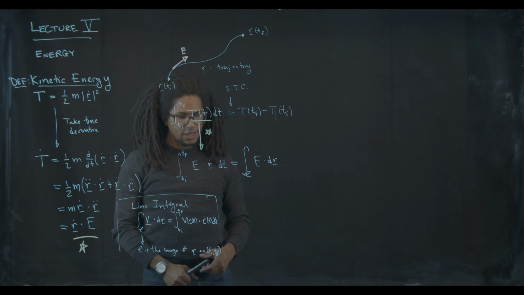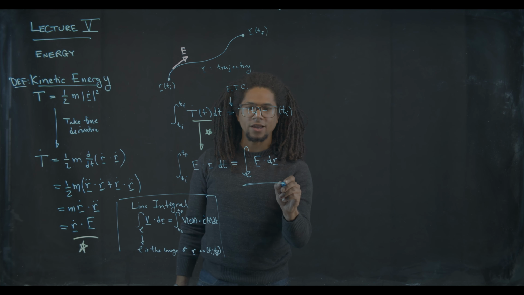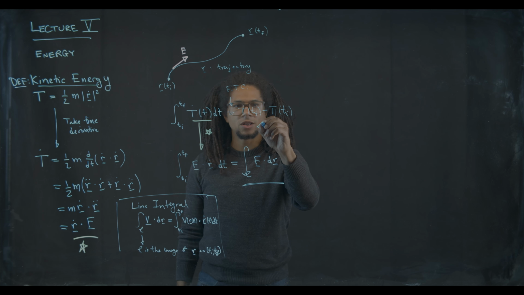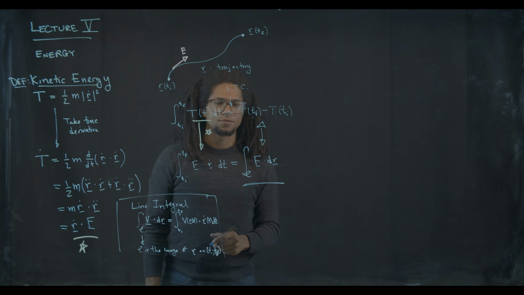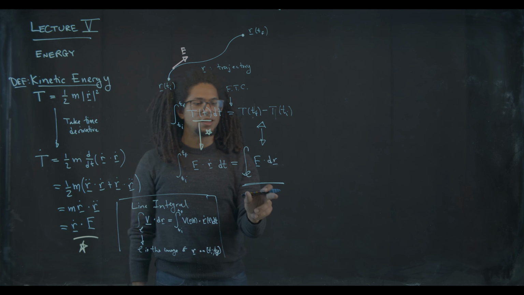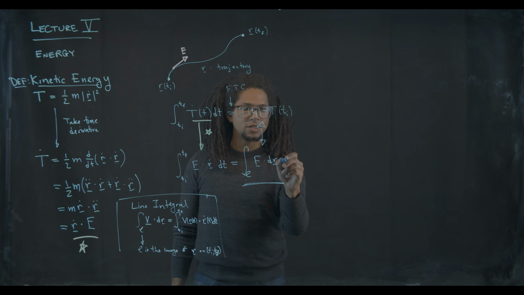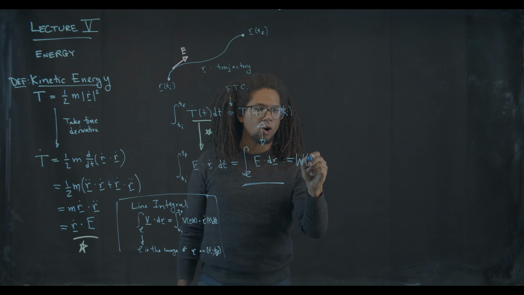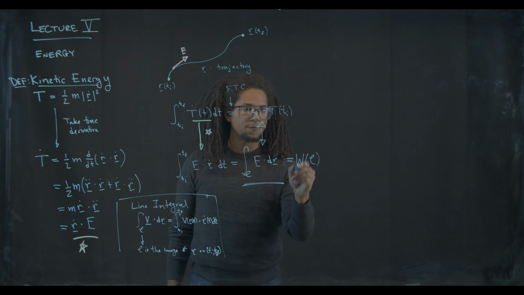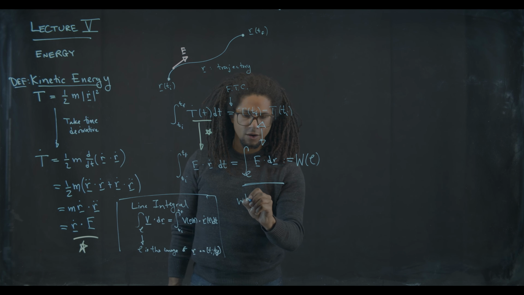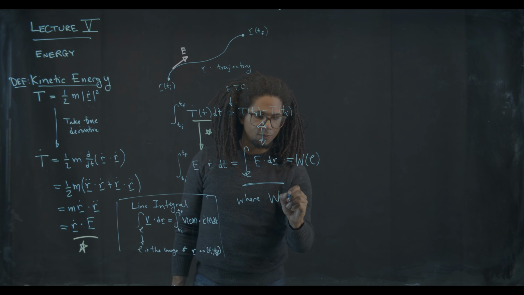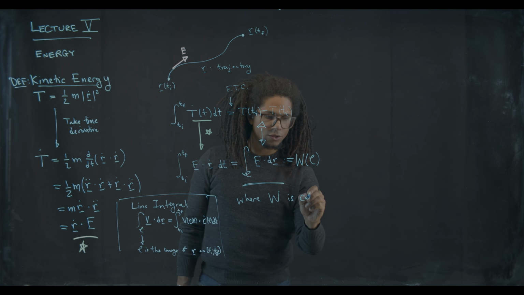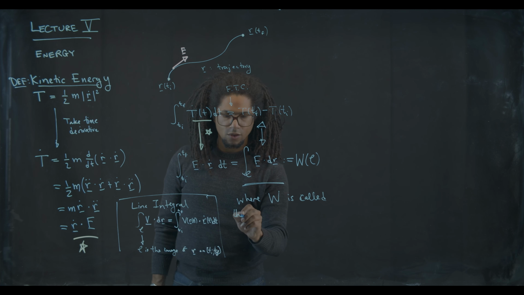Okay, so because this object on the far right-hand side has some relationship to this object here, I want to define it. By definition, this is what's called the work along the path C. So W is called the work.